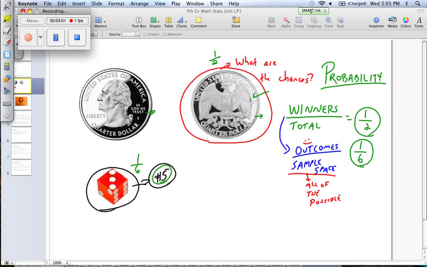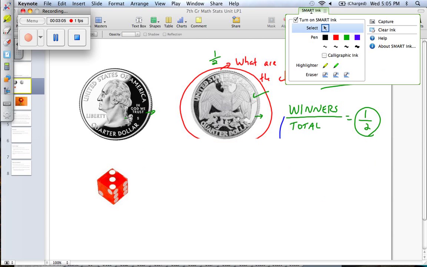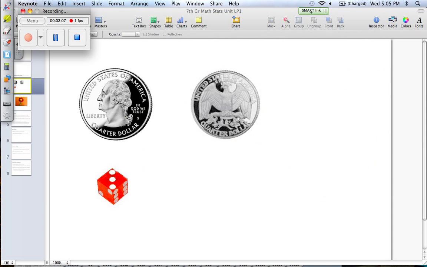Now, if I was to flip this quarter once more, what would the probability be that I got heads? 1/2, right? 50%. Or 0.5.